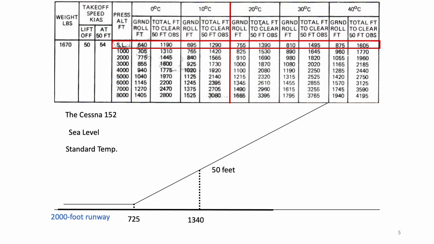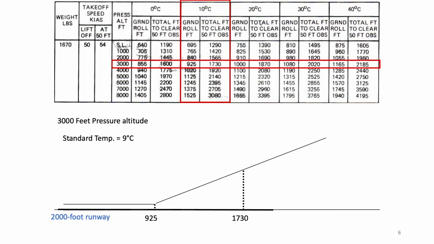Now, if instead of taking off at sea level on a standard day, we take off at 3,000 feet on a standard day. So this would be maybe someplace like Madras. And we're going to take off.